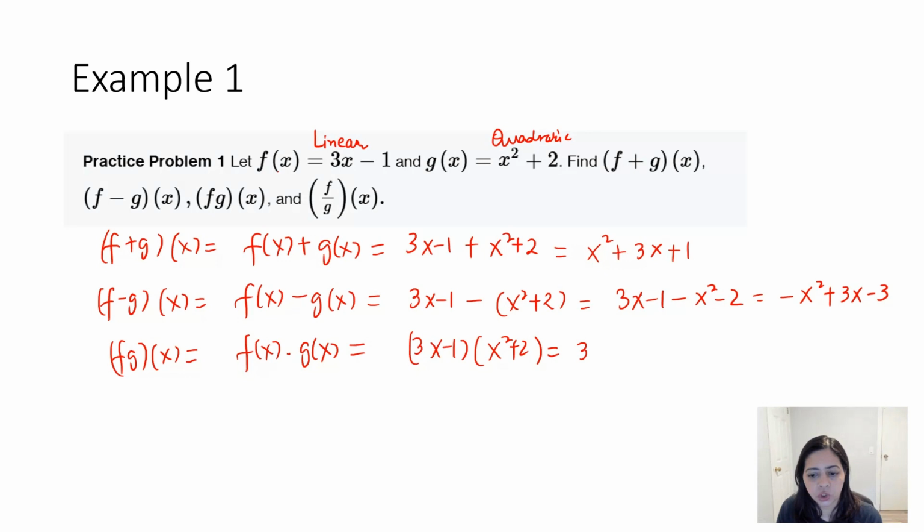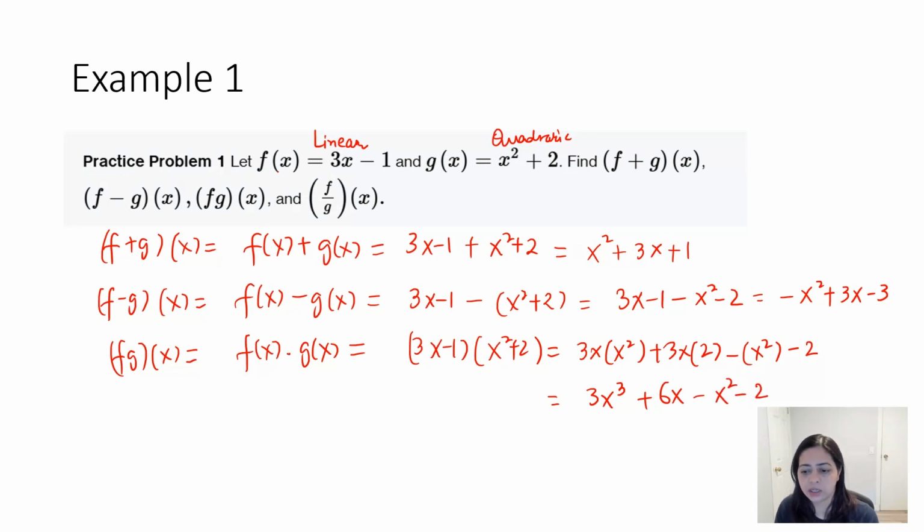So first 3x is multiplied with x squared, then 3x is multiplied with 2. Then minus 1 is multiplied with x squared, and then minus 1 is multiplied with 2. So 3x cubed plus 6x minus x squared minus 2. That's what you get as f times g, the product function.